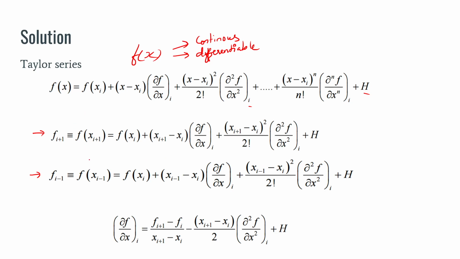So if we are to take dou f by dou x out of this equation, that is, if we call this equation A, and take out dou f by dou x at i from equation A, then it will be f of i plus 1 minus f of i divided by x of i plus 1 minus x of i, minus (x i plus 1 minus x i) by 2 into dou square f by dou x square plus higher order terms.